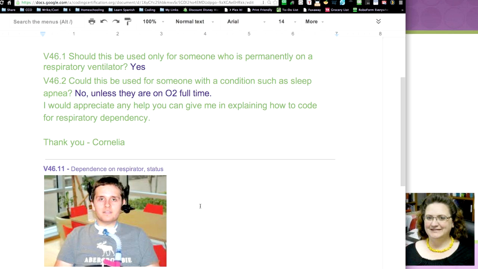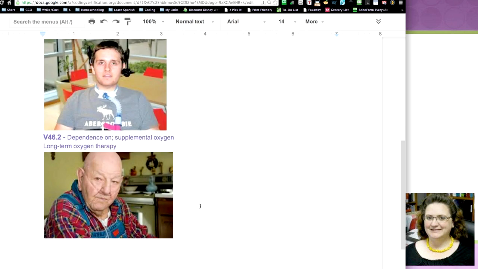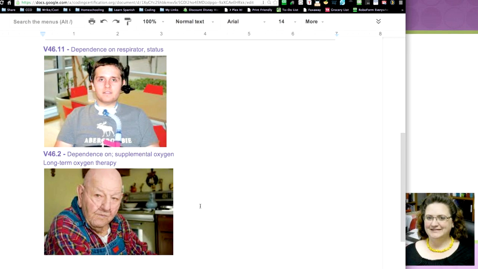Most people think that if a person is on a respirator or a ventilator, they're bed bound and maybe in an ICU. You see that picture of a person on a machine, which is true.